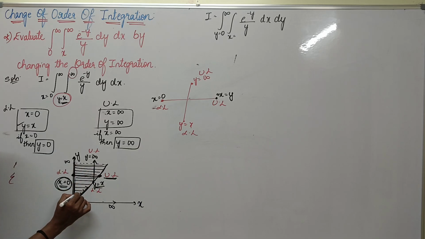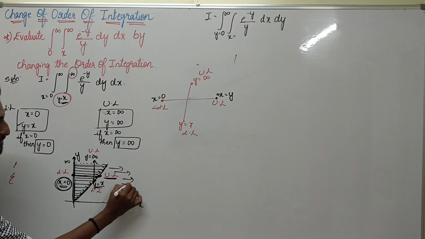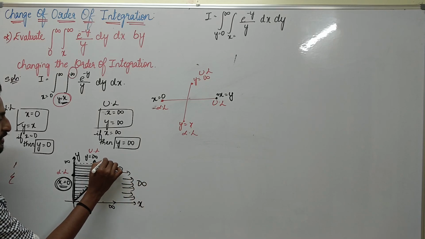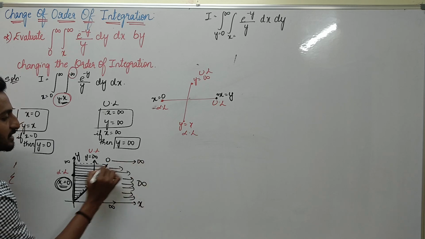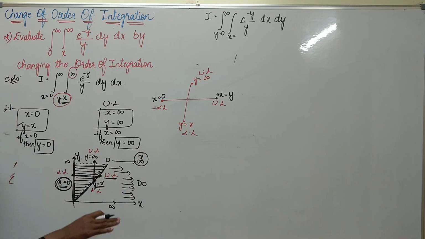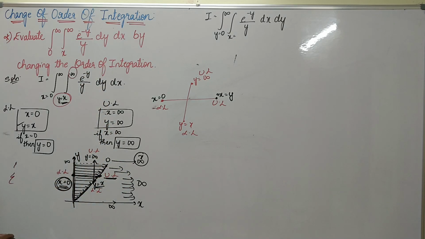It goes up to the y equals x line, in this direction. So it is going from 0 to infinity in the x direction. Based on this itself, we are going to represent the initial line x equal to 0.